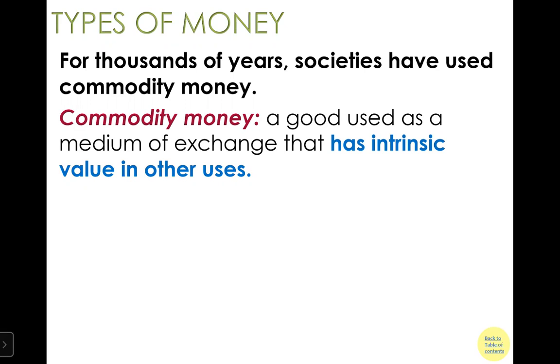Now let's look at the history of money, or types of money. By the way, before we had money, the way we exchanged was through barter. What that means is we just exchange goods for goods.